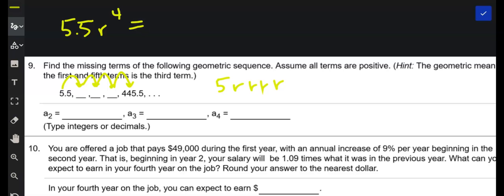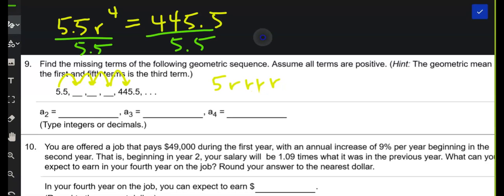Nicely done. And we get to 445.5. It is your job now to solve this for the ratio. Solve it for the ratio. Go. After you divide it, we got r to the 4th equals 81.